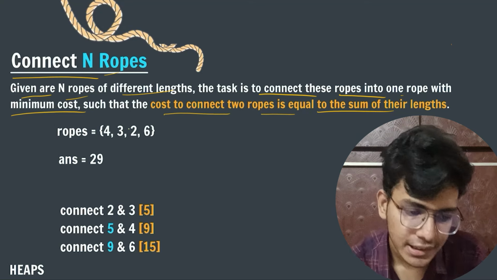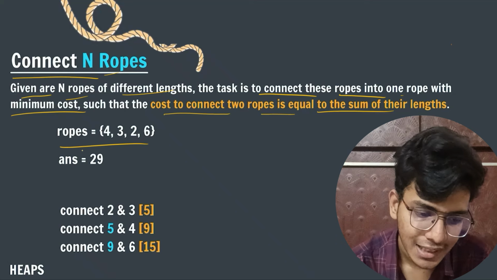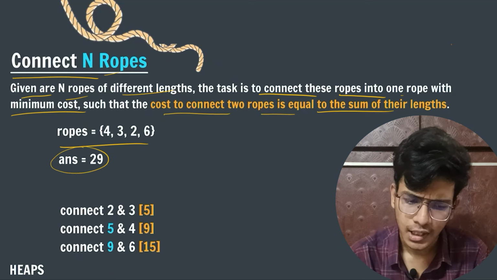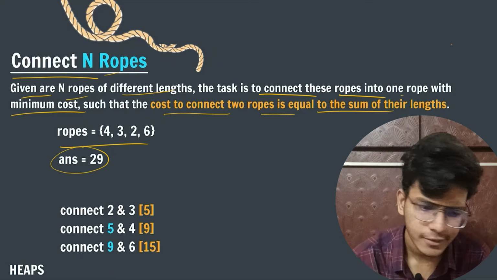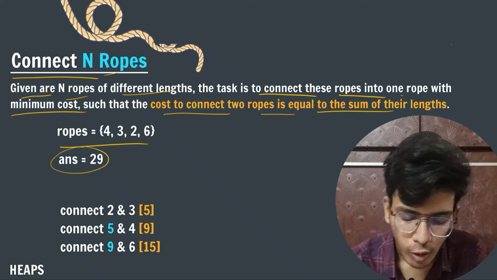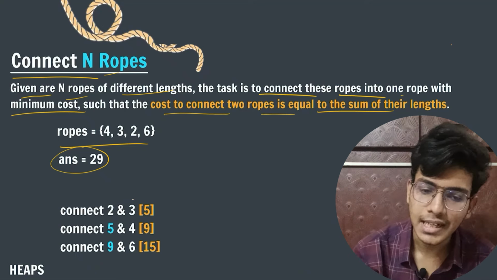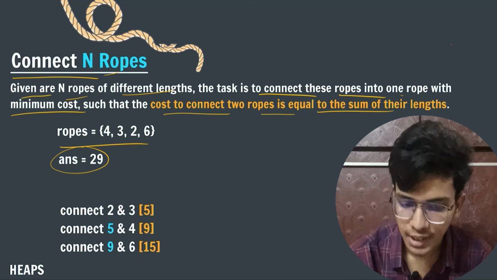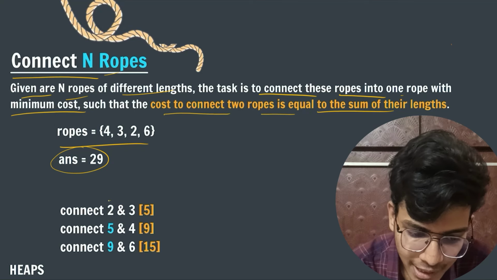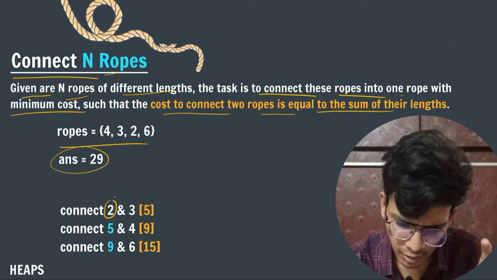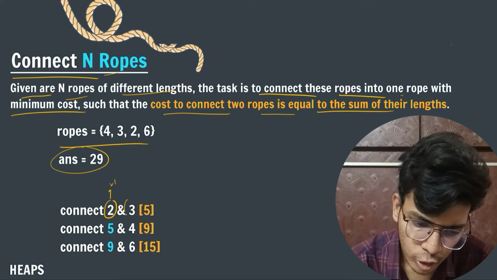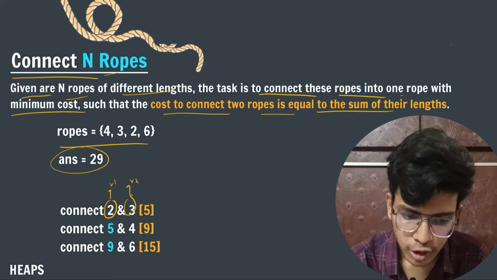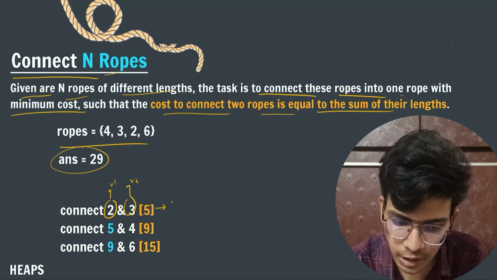Here the user has given me rope lengths and the answer is 29. Let me keep the answer aside. Now let us understand how we will get the cost. For example, let's say I'm adding two ropes, the length of the first rope is 2 and the second rope length is 3. If I add these two, then my cost will become 5.